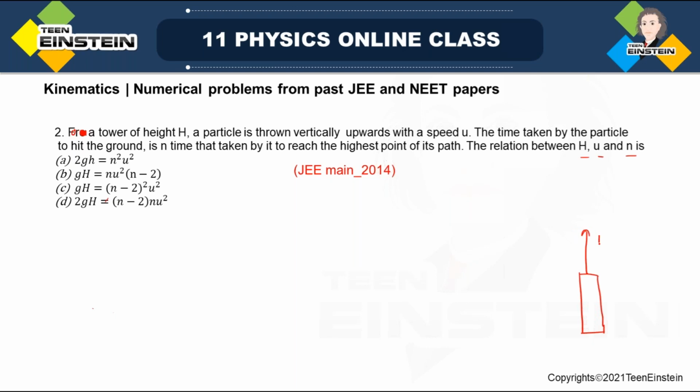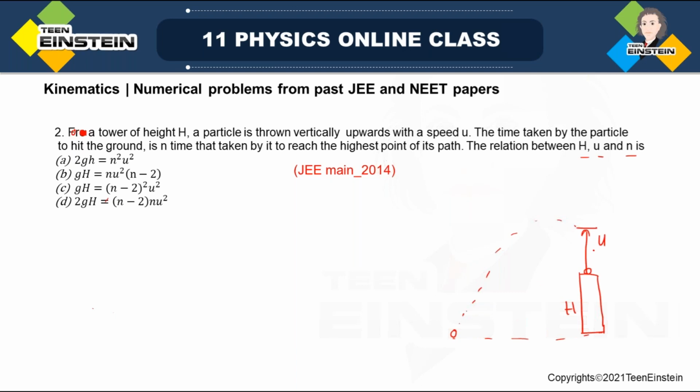From here with velocity u the particle has been thrown. Somewhere it has to come to rest for a very short while, and then it will come down to hit the ground. All right, so this is the scenario.